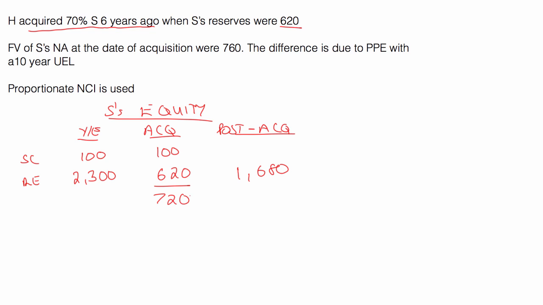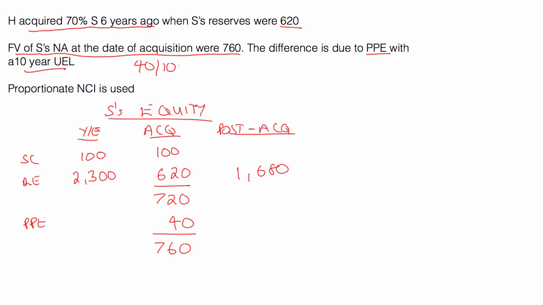That's the book value of S's equity and the book value of S's net assets at acquisition. I want the fair value, and the fair value, it tells me at acquisition was 760. So I need to make a 40 adjustment, and I need to know what caused the 40 adjustment. PPE caused it, okay, and PPE gets depreciated over 10 years.